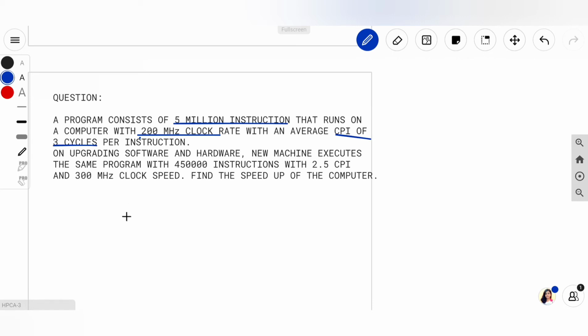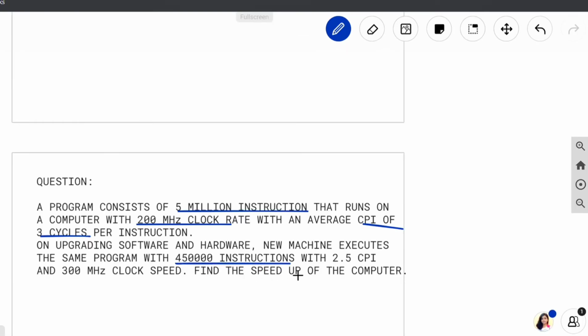Now on upgrading the software and hardware, the new machine executes the same program with 450,000 instructions. So 450,000 instructions is the IC here, with 2.5 CPI. So CPI here is 2.5, and 300 megahertz clock speed.